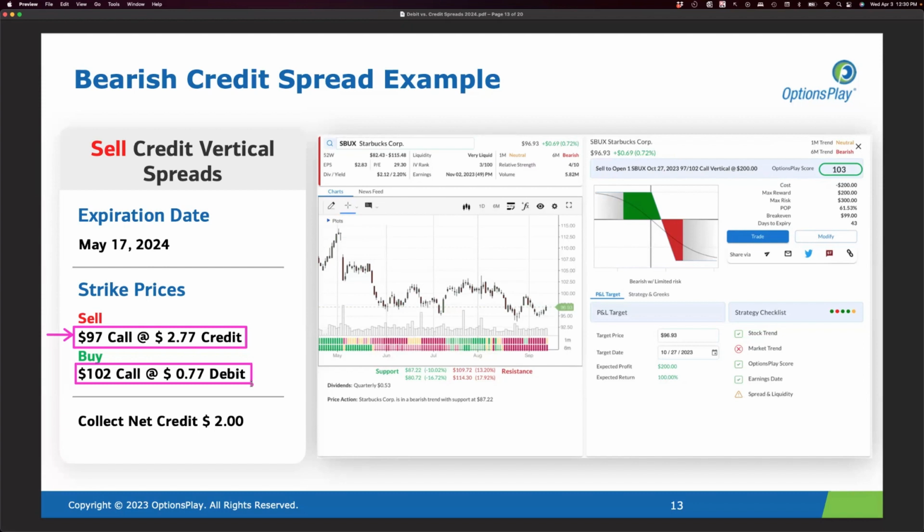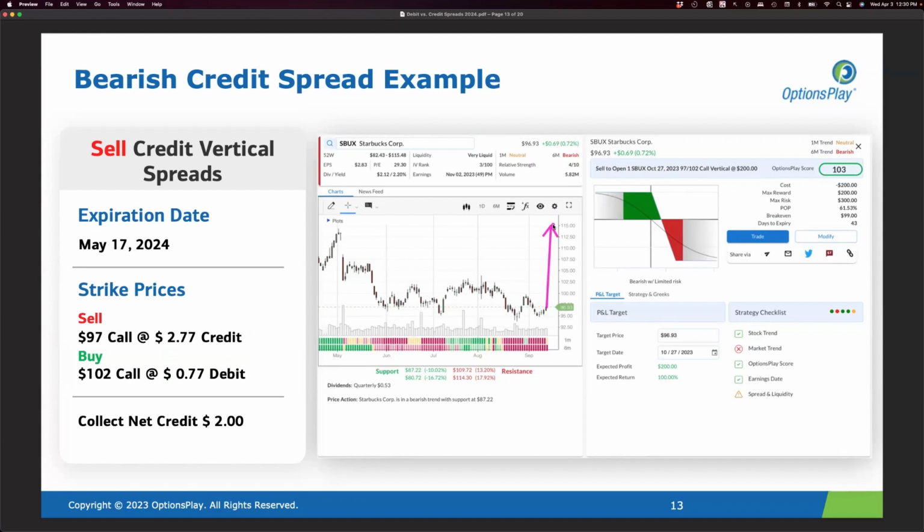So what we're going to do is go a little bit further out in terms of price, and buy some calls just in case the stock makes a really big move in the opposite direction than we expected. We want to make sure we protect ourselves so that, in the unlikely event that instead of the stock moving lower, some really good news out of Starbucks comes out and the stock pops up to 115, we're covered.